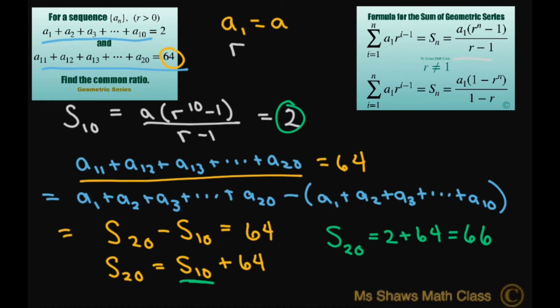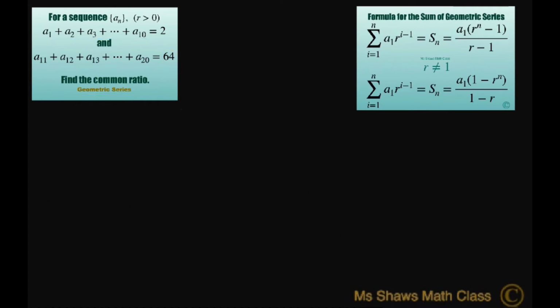All right, now that we have that, let's use this formula like we did for this one. I'll write this one down again. If we do the sum of the first 20 terms, that equals your first term times r to the power of 20 minus 1, divided by r minus 1.